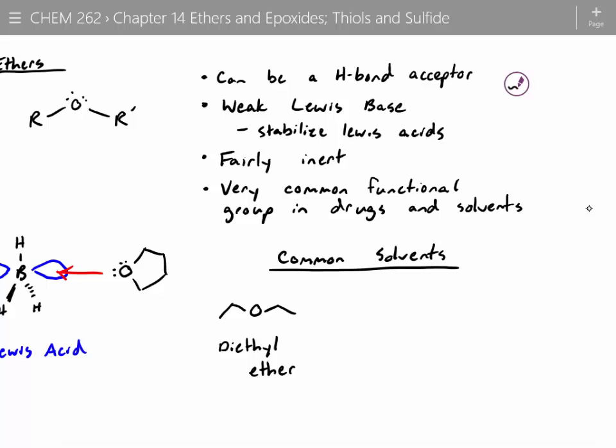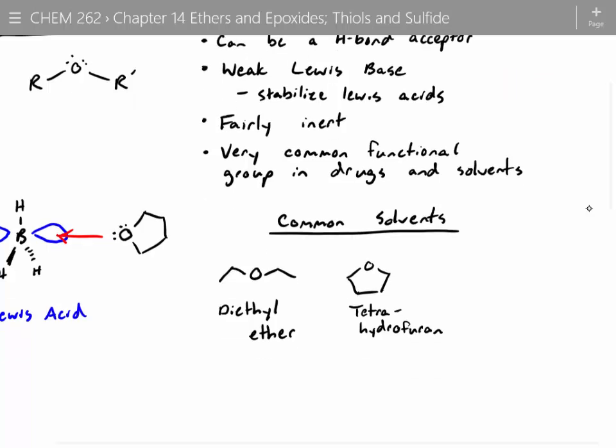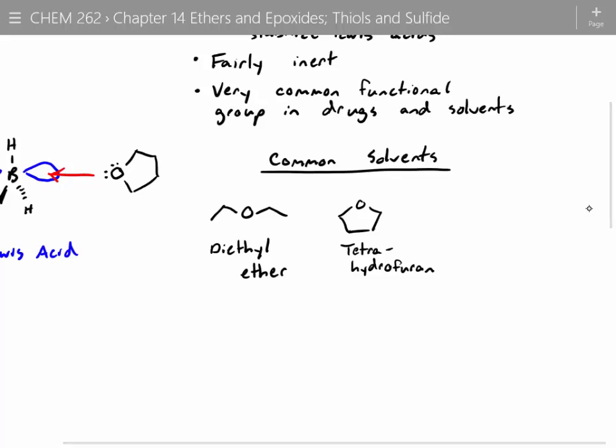The other one that we already saw was THF, or tetrahydrofuran. And the last one that's common because it's a higher boiling point ether has two ether groups in it, and this is called 1,4-dioxane.